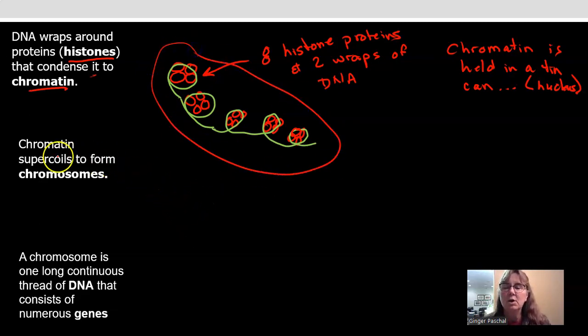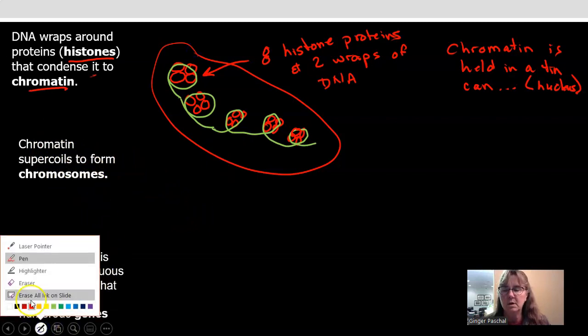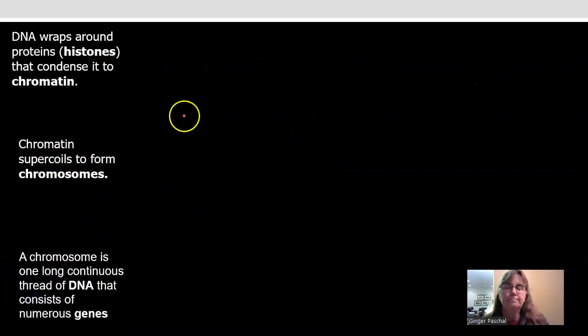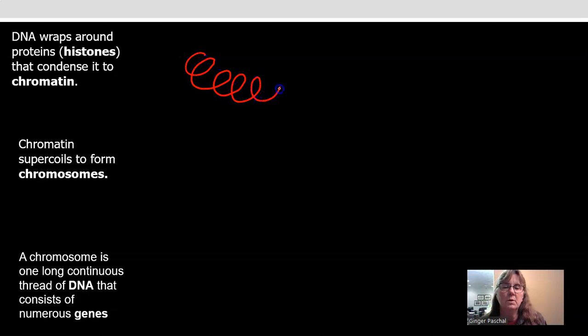Chromatin can form supercoils. The coils we talked about with histone proteins will coil up and get tighter and tighter, and we get these supercoils, which go back and forth on each other, back and forth.